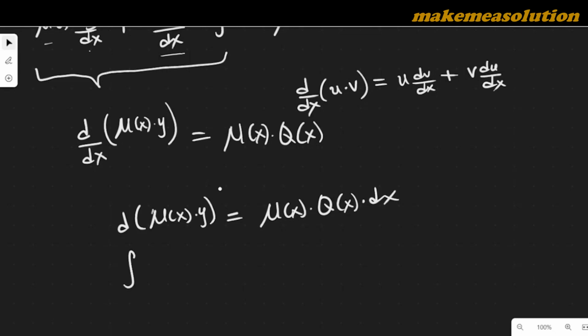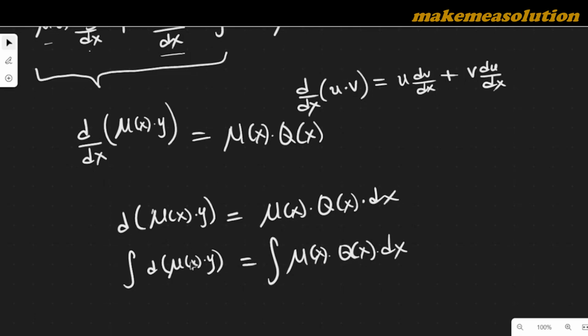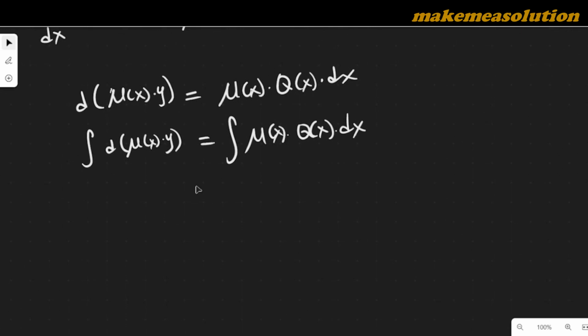So if you integrate both sides, d of mu of x times y, you have the integral of mu of x q of x dx, like this. Remember, when you integrate d of something, the simplest formula on integration, you get something plus c, but I'm not going to put the integration constant on this side.